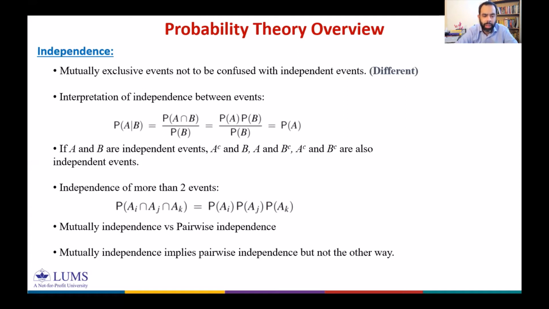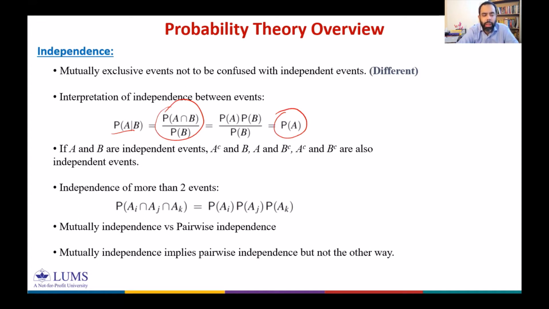So interpretation of independence between events, probability of A intersection B, we know that we can write it in this form. And if we use the result we derived in the previous slide, probability of A times probability of B divided by probability of B, we get probability of A. So how do you interpret this?